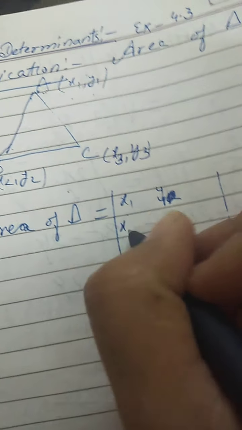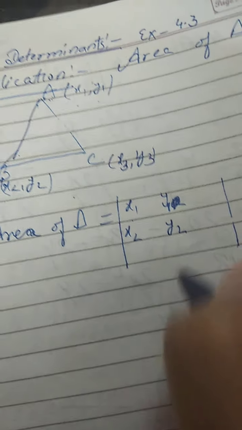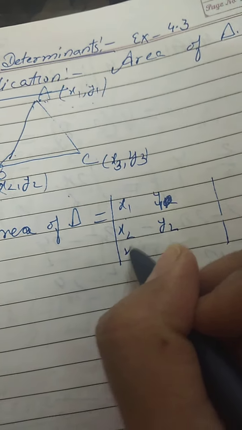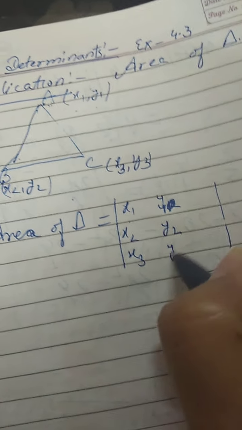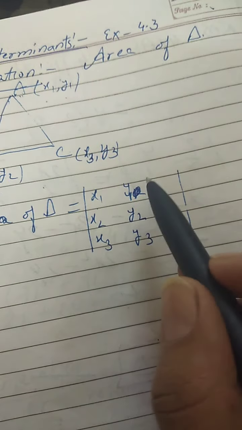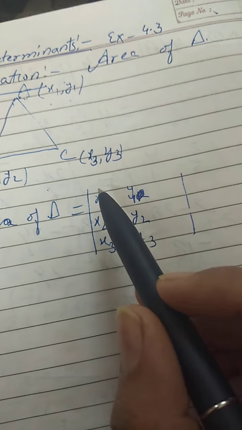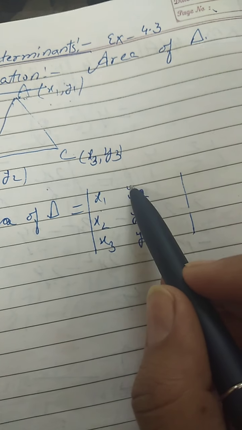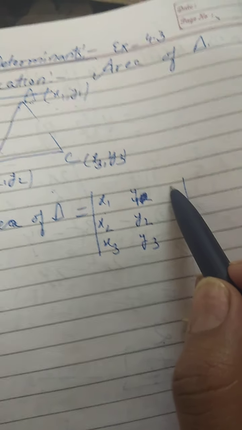Then the coordinates of the second point x2 y2 we write this way, and the coordinates of the third point x3 y3 we write this way. Now if you notice, we have just written the entries in the first two columns, and the third column is empty.